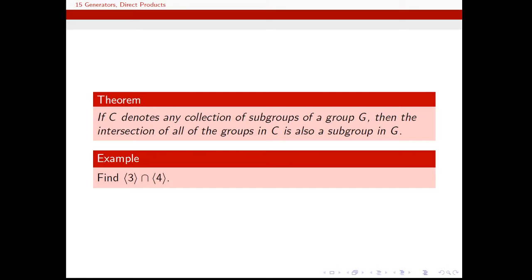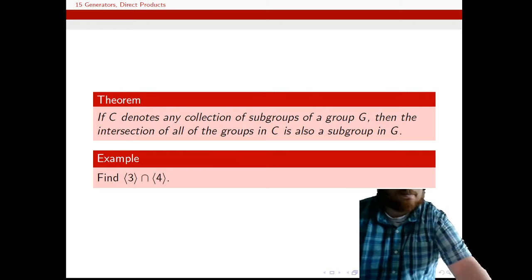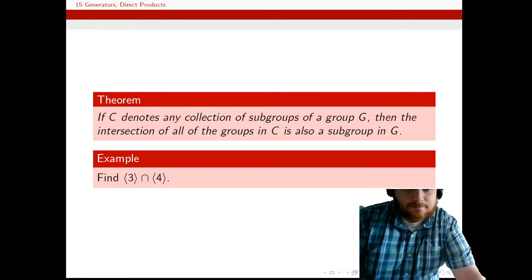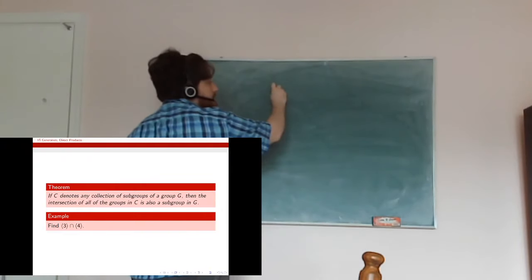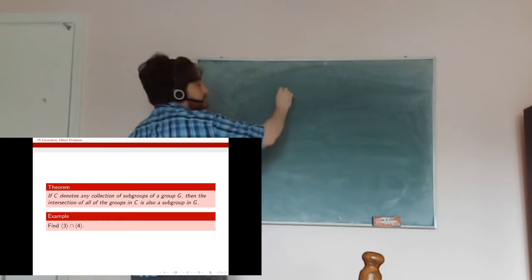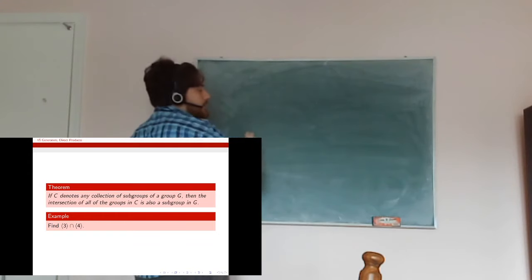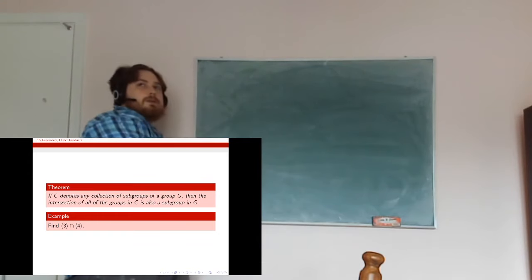So I'll let you guys think about what the group generated by 3 would look like. It'd be a^0, a^1, a^2, a^3.